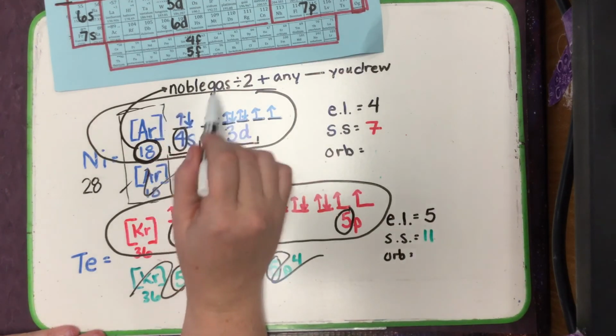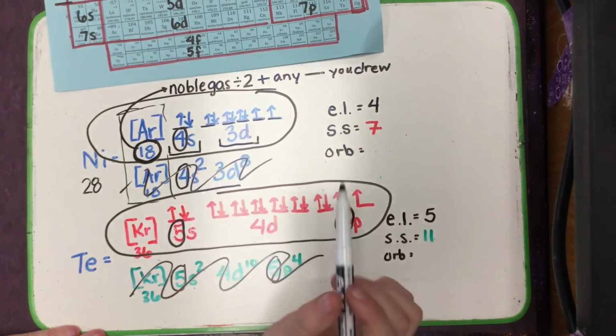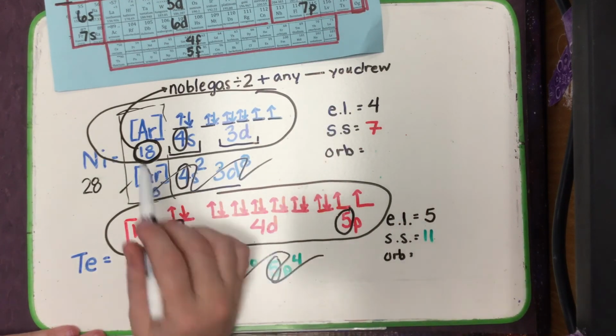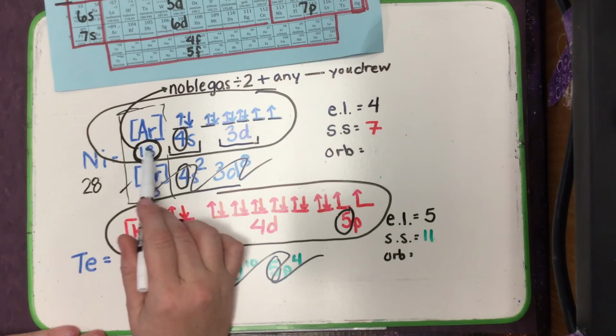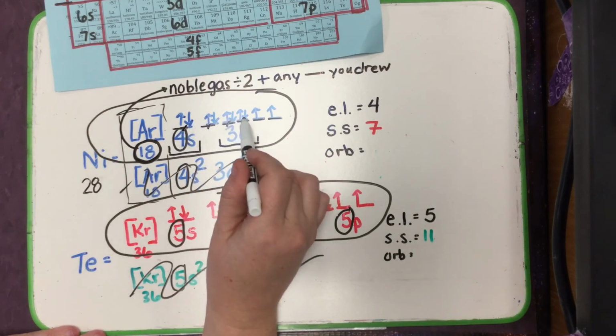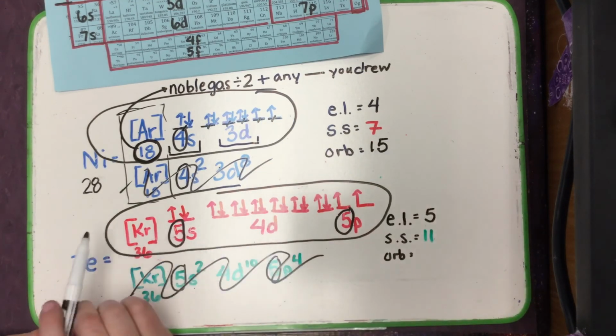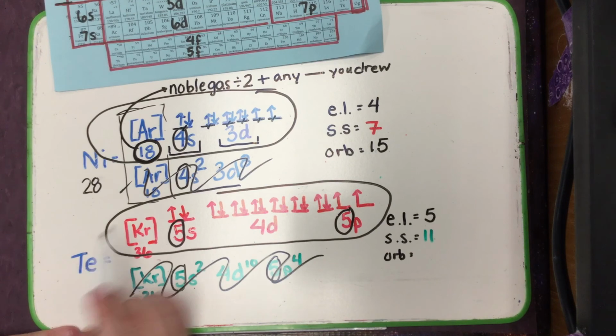The atomic number of the noble gas divided by 2 plus any lines that you drew that have at least one arrow on top. So 18 divided by 2 would be 9, 10, 11, 12, 13, 14, 15. Nickel has 15 occupied orbitals.